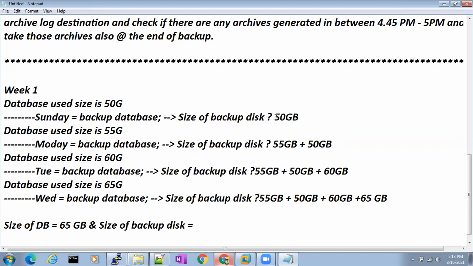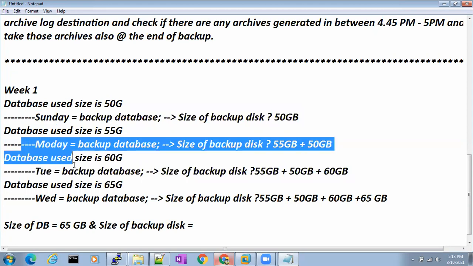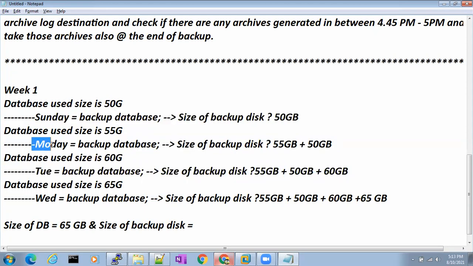Only after deleting the obsolete backups will it use the space. But still only 4 days are completed: Sunday, Monday, Tuesday, Wednesday. At the end of Wednesday, I asked what is the size of the database, and you answered 65 GB. Then what is the size of the backup disk? How much of this backup disk is utilized?